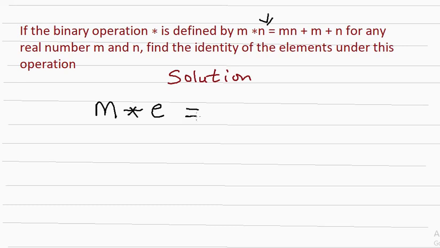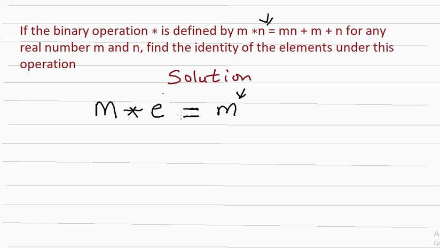Then you equate it to m. The identity element is the element that when you operate it with any element, it will still give you the same element. That is the definition. So if I do m asterisk e and I still have m, then it simply means that e is the identity element.